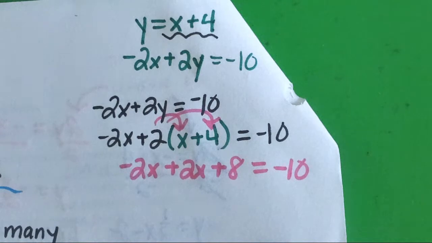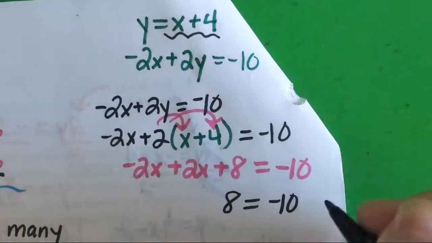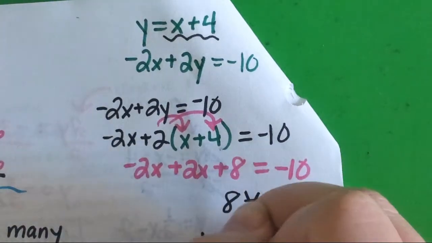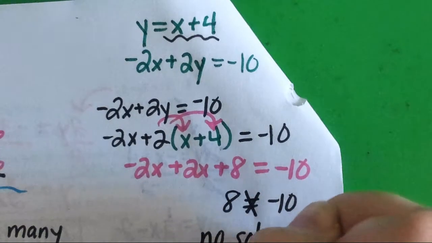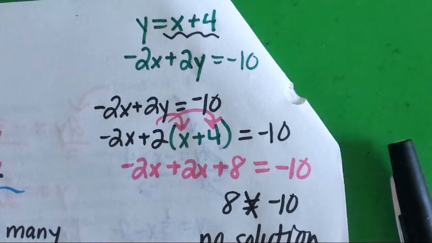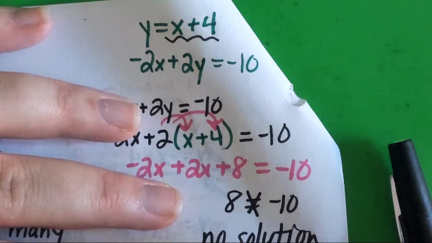Negative 2x, positive 2x. So we end up with 8 equals negative 10. Does 8 equal negative 10? No. Is that a true statement? No, and since that's complete crap, that's why it's no solution. It's inconsistent. That's the vocab term we need to throw in, and your group gets 2 points for that.